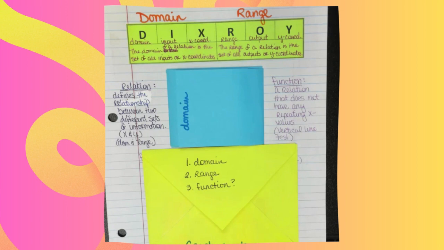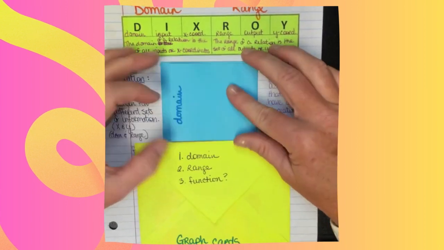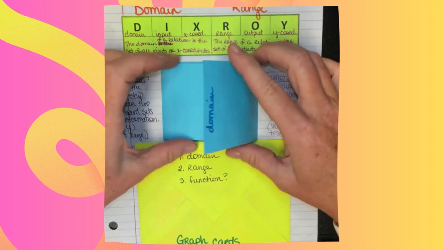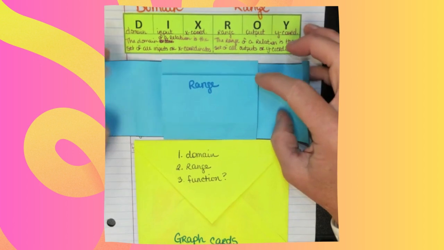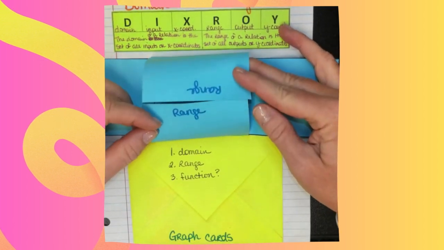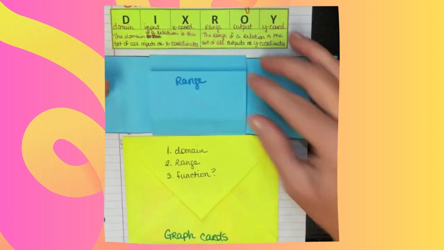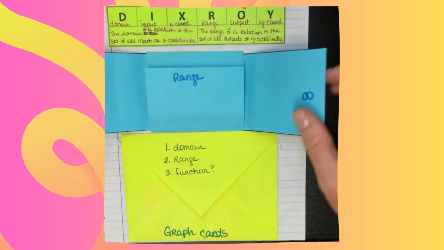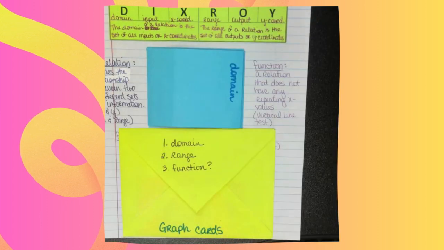So what I'd like for you guys to do on the two side pieces of your window, I need you guys to write domain. So you're going to write the domain on the two edges here. And then obviously these two are going to talk about range. So domain is our x values, range is our y values. So domain, we're going to go from left to right, and range, we're going to go from bottom to top. So go ahead and write that in on each one of your windows for me.